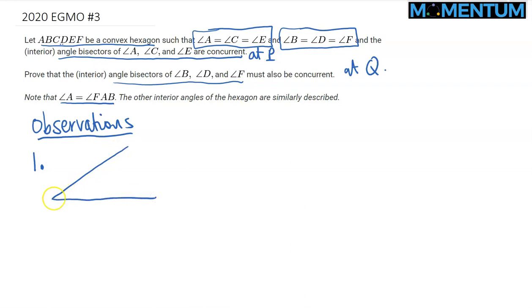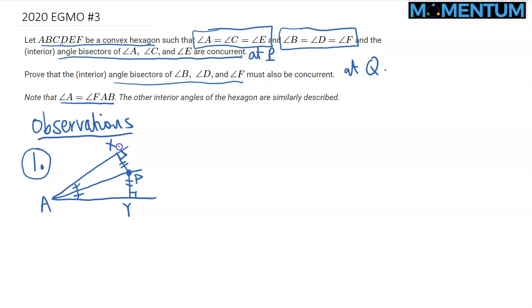Okay, the first observation is the following, which I think is an obvious result. If you have an angle and then an angle bisector here, any point that you pick on that angle bisector, if you check the distances from that point on the angle bisector to the two rays making that angle, so this is X, Y, that's the point P on that angle bisector, then necessarily PX is equal to PY, by symmetry, or by congruent triangles, right?